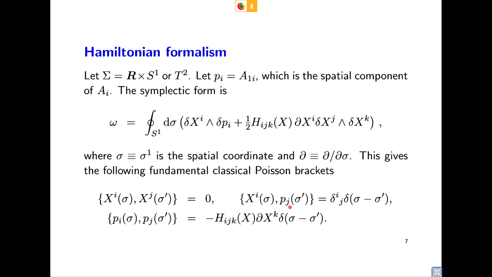Why is this model called the twisted Poisson sigma model? We explain briefly the consistency condition of this model. In order to explain, we consider the Hamiltonian formalism. In this case, we take the two-dimensional Σ like this, R times S1 or the torus.